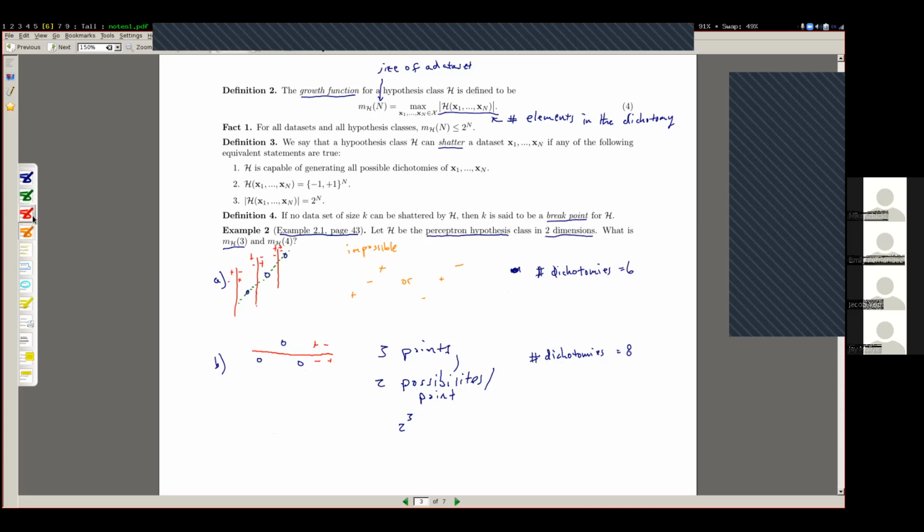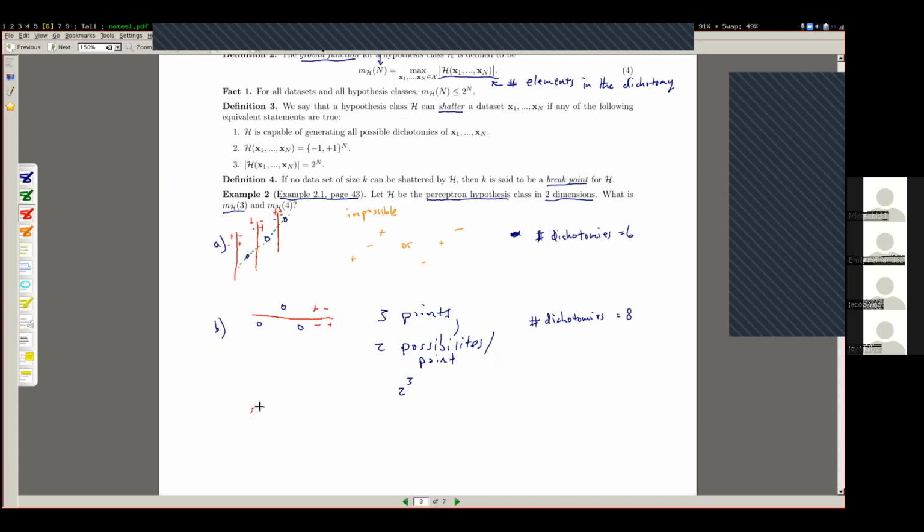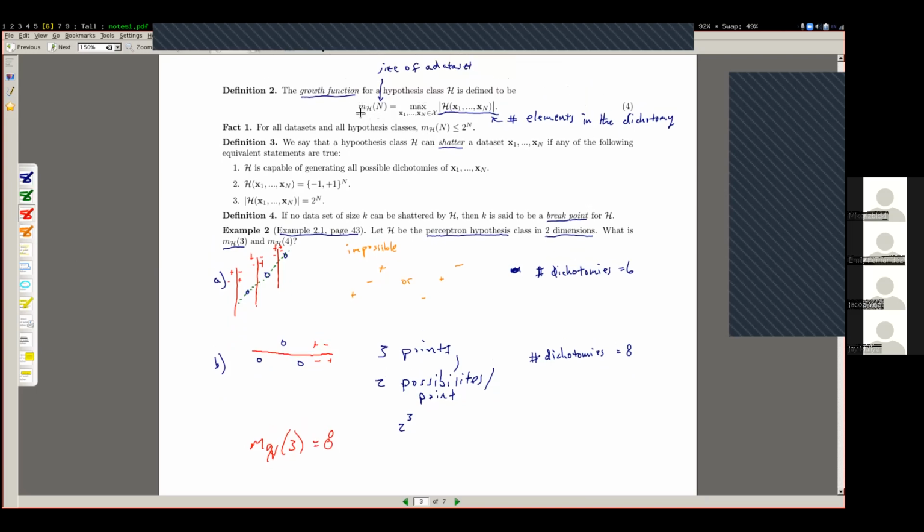And so MH of 3 equals 8 because it's the maximum over the number of dichotomies. This MH of N right here, MH of 3, is the maximum over all possible data sets of the number of dichotomies. That's what this notation is telling us: this H applied to the data set is the dichotomies of that data set, the total possible ways that data set can be labeled. There's 8 of those possibilities. And so MH of 3 equals 8.